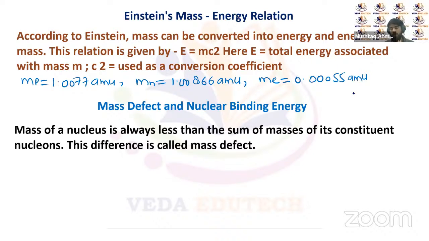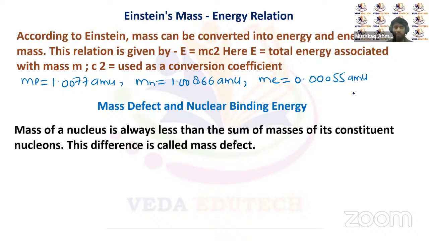Now, all the masses, proton and neutron, nucleons together make the mass of the nucleus. So what is this mass defect and nuclear binding energy? If we add these masses, we know that the mass number is the number of neutrons and number of protons. If we calculate the mass of a nucleus using the mass number, we'll get some value.